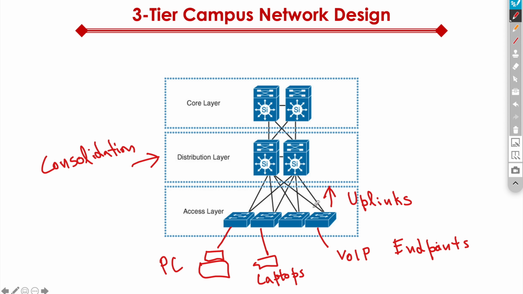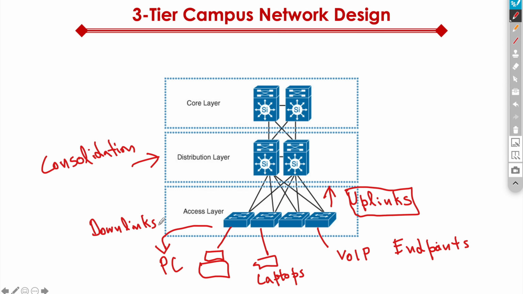In particular, we call these links that are going up and getting plugged into the distribution layer switches from the access layer uplinks. They're very conveniently named uplinks. All the links that are facing the clients and the endpoints, these are called downlinks. Okay, so this is an important terminology to understand.